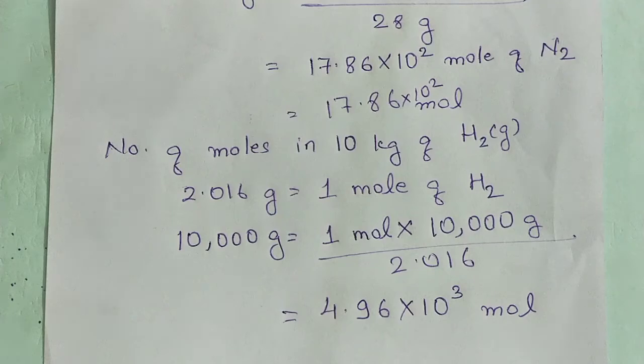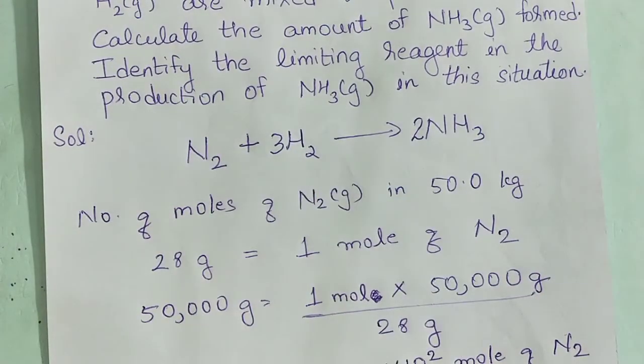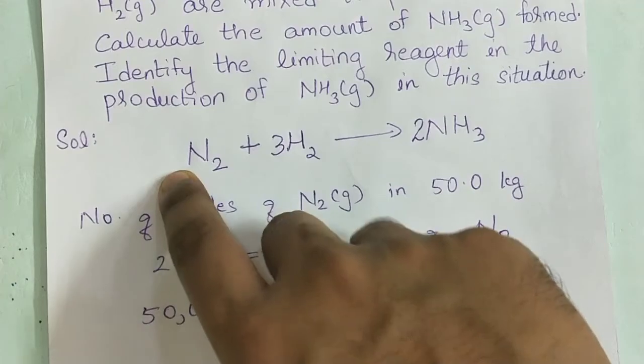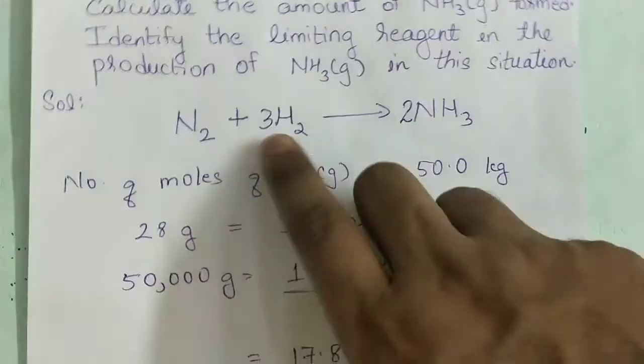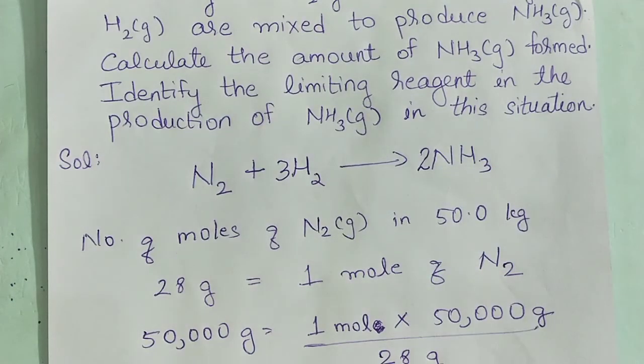Now, for a balanced chemical equation, as seen here, for each mole of N2, you should have 3 mole of H2. Then only it will give 2 mole of NH3. This relation should be satisfied for a balanced chemical equation.